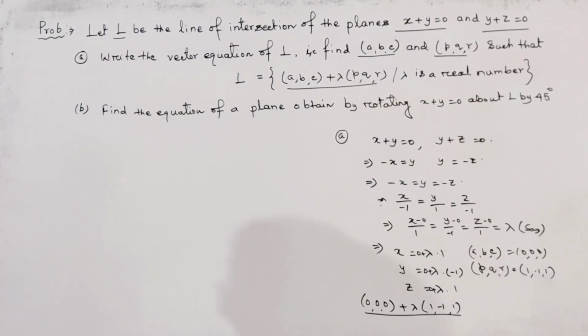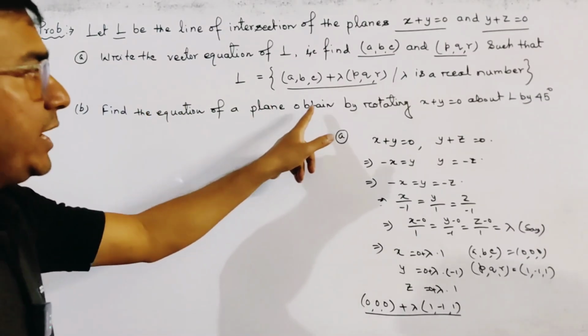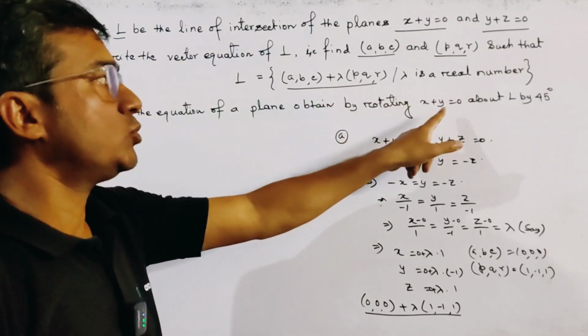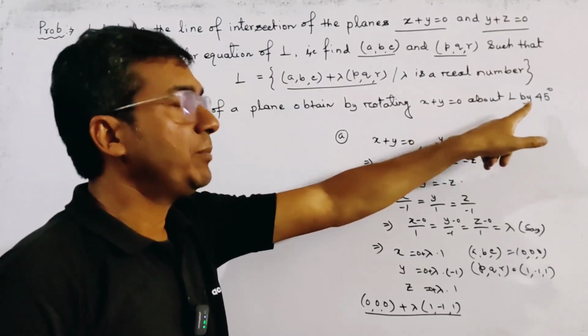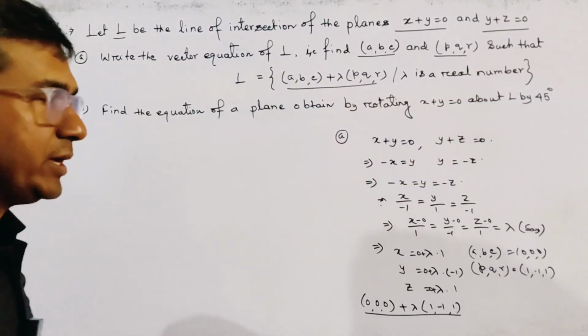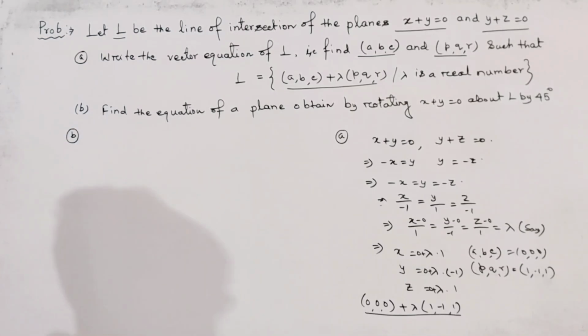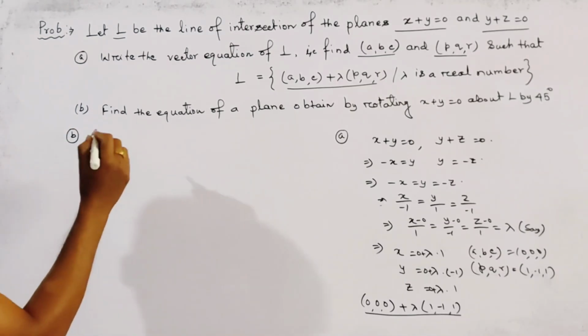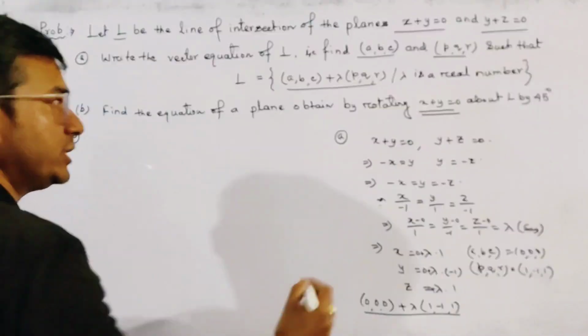In the second part, it is said: find the equation of the plane obtained by rotating x + y = 0 about L by a 45 degree angle. Now we try to solve the second part, which is part B. Here we have to rotate this plane by the angle theta.